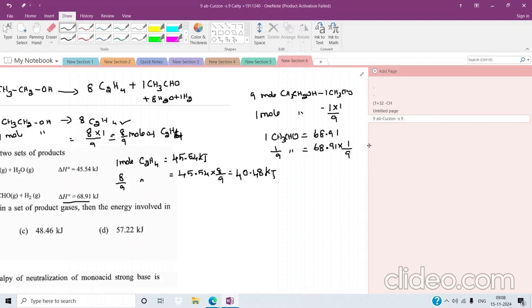So how much will we get? 68.91 divided by 9, right? So 7.656.